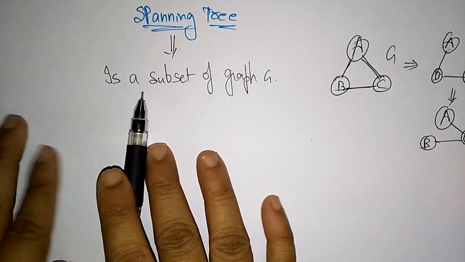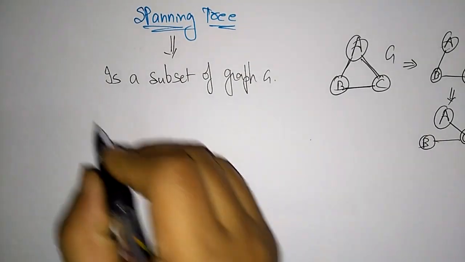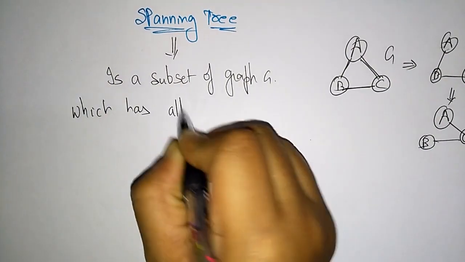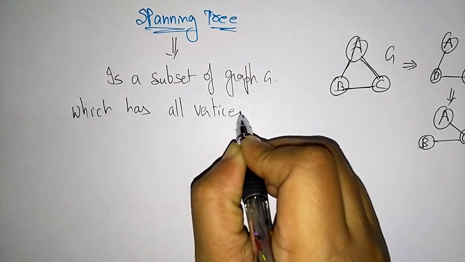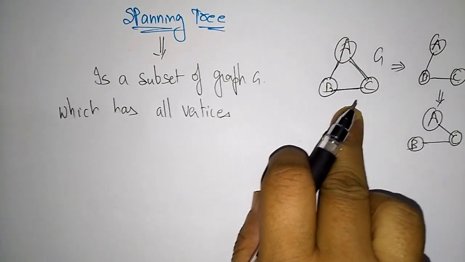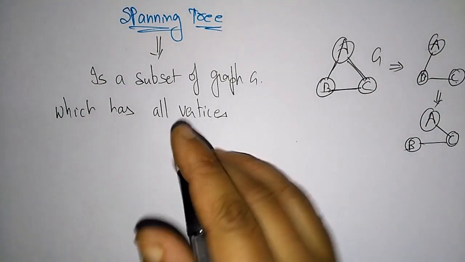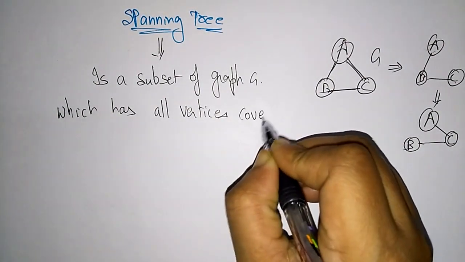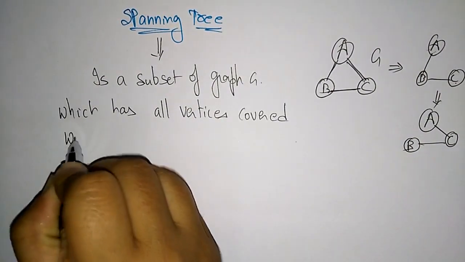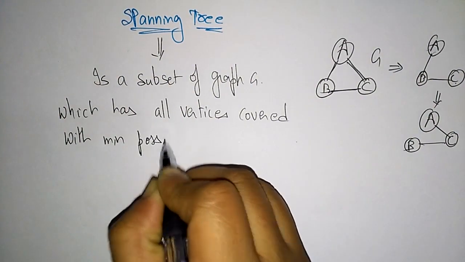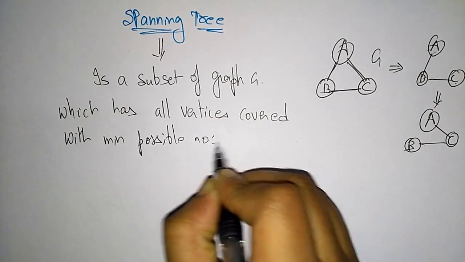So a spanning tree is nothing but a subset of a graph G which has all vertices. Here in this graph you have 3 vertices, so all vertices are covered with minimum possible number of edges.